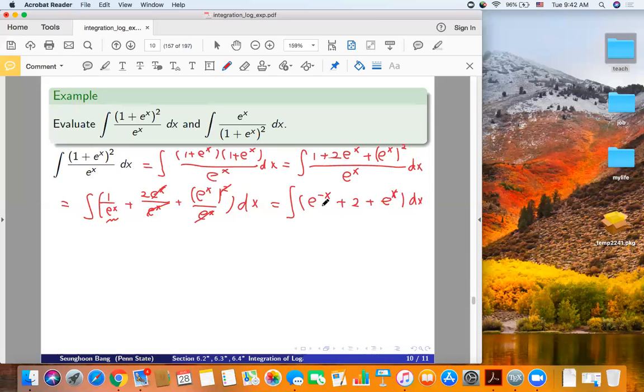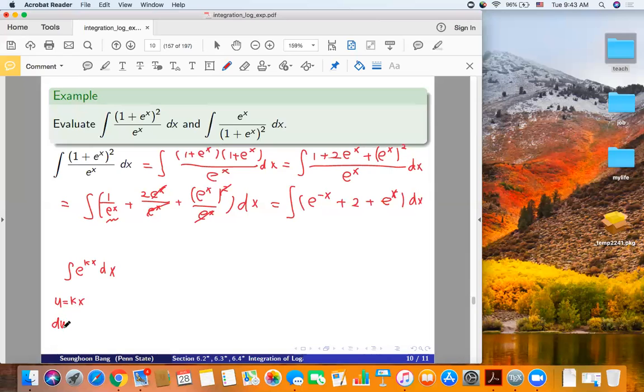So let me see. How can you find the integral of e to the minus x? You need to memorize this formula, it is better. So I can give one general form. Integral of e to the kx dx. How can you solve? You can use u substitution. u equals kx.